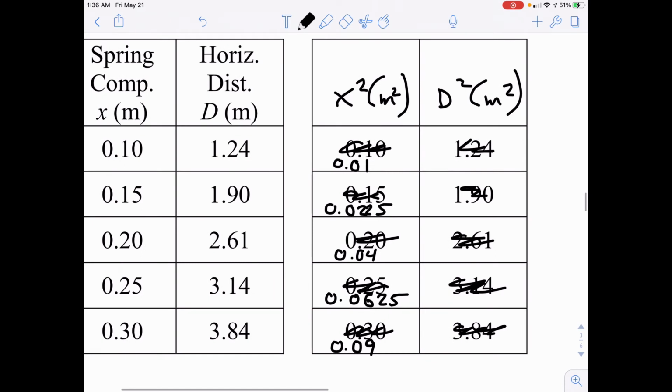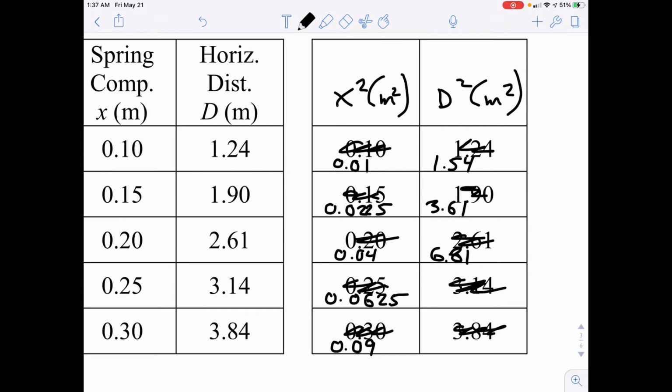Okay. Now, if I square my horizontal distances, squaring 1.24, I get about 1.54. If I square 1.9, I get about 3.61. If I square 2.61, I get about 6.81.